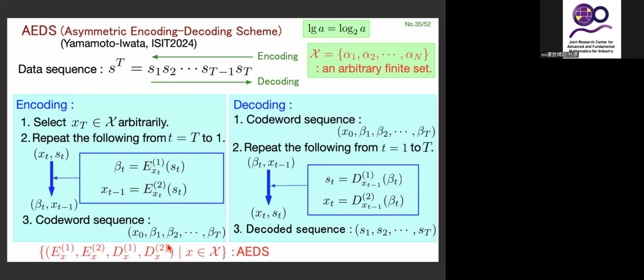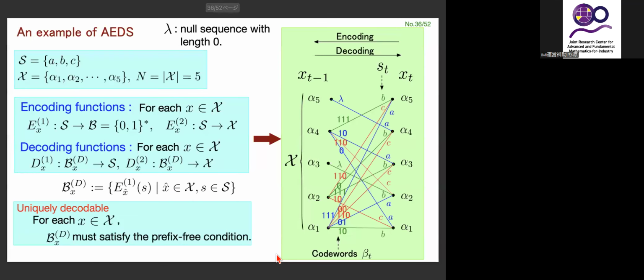The set of these code words and functions is called the AEDS. As an example, we consider the case that the source symbols and the set of internal states are given by these. Then encoding functions E1 and E2, and decoding functions D1 and D2 can be represented by this trellis diagram.